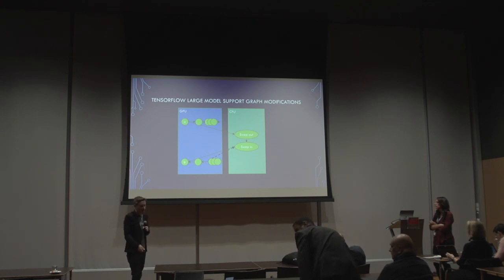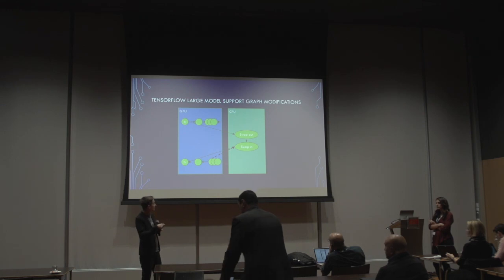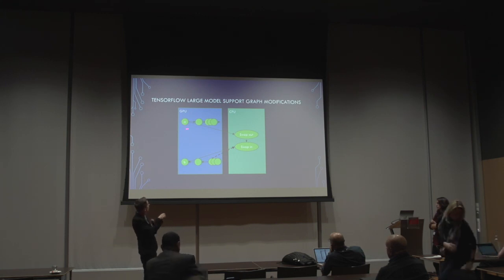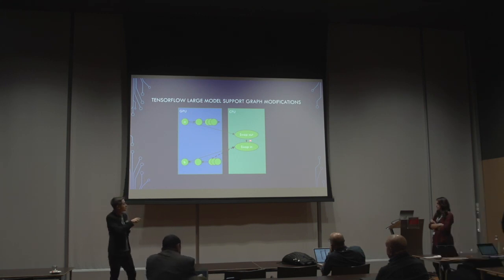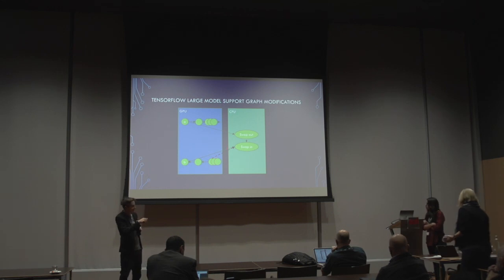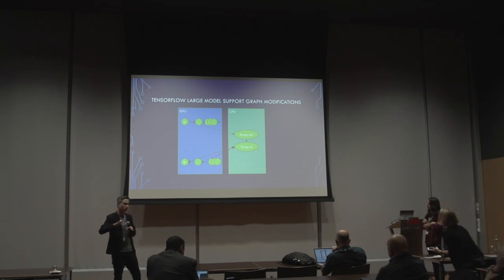What we've done with TF-LMS is we've added swap out and swap in nodes, primarily on the CPU. The output of operation A goes into a swap out node. It swaps out those tensors like we just saw. That goes into a swap in node, and then that comes back out to the GPU, swapping the tensor back in when it's ready. If you notice, there's a dotted line here as well. That's a control vector.